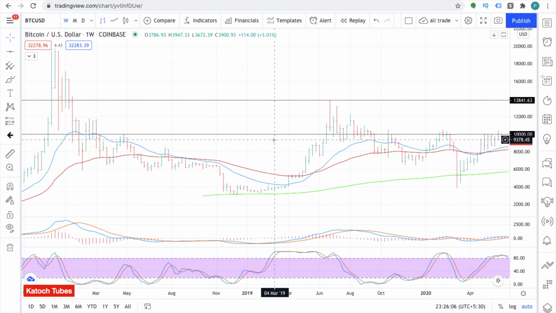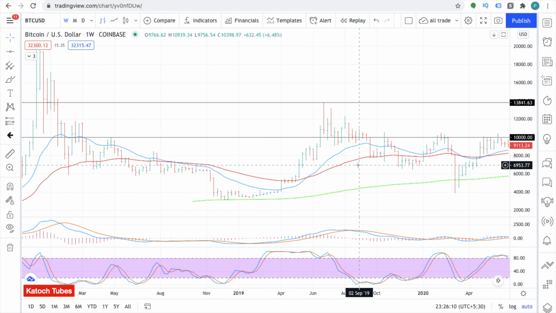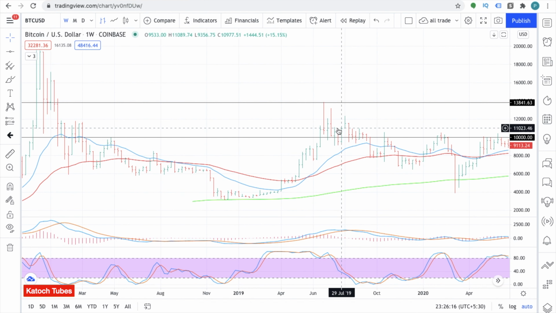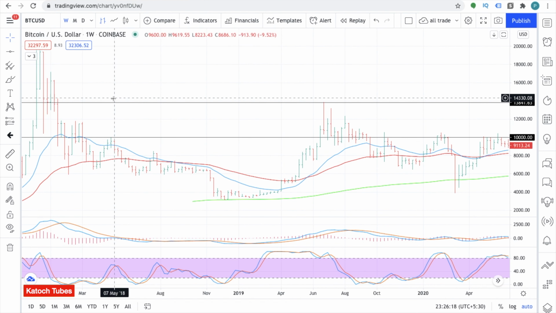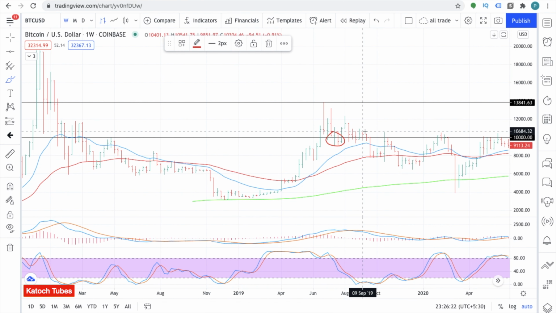As you can clearly see, the open and closing of the weekly candles in this particular case are very frequent for this support and resistance line. You can see case 1, case 2. So you can see the frequency of these lines is very high.